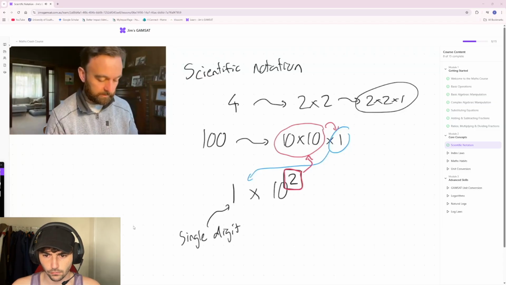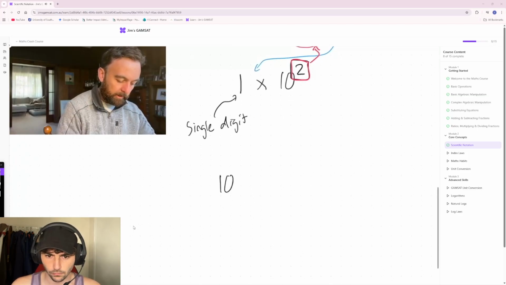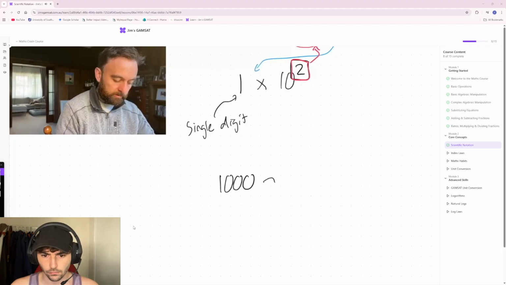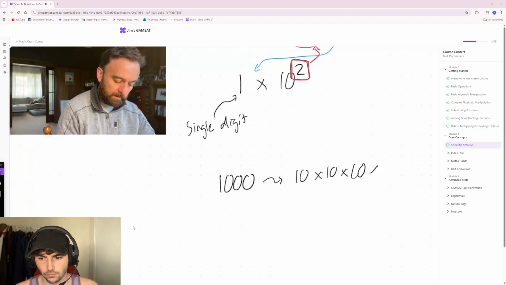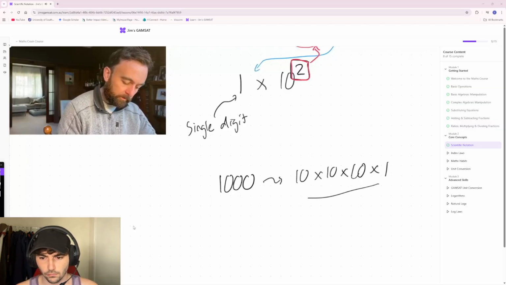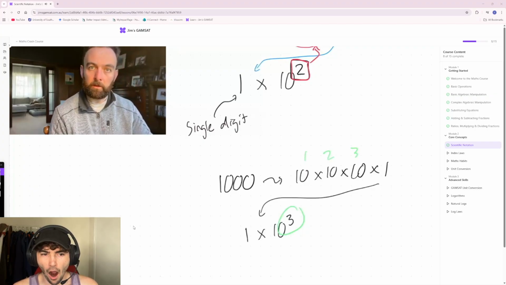It's really as simple as that. If we had 1000, this would become 10 times 10 times 10 times 1. The 1 comes out the front, and we have 10 to the 3 because we've got 1, 2, 3 tens.